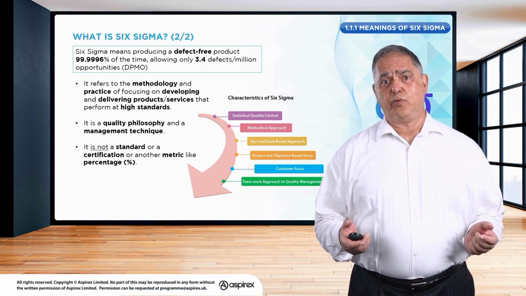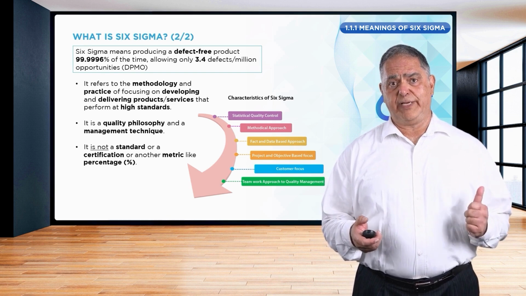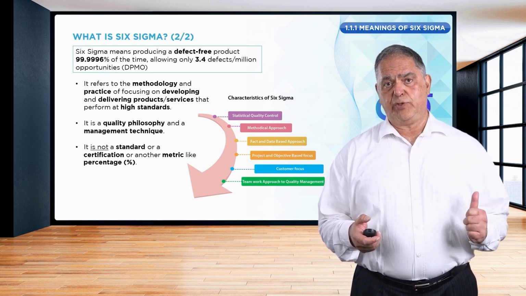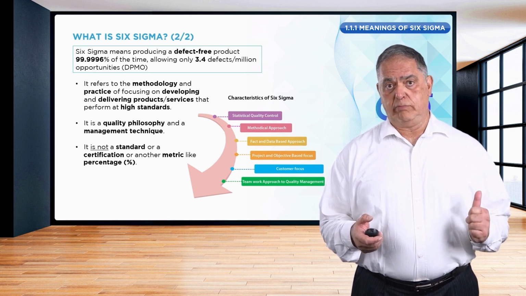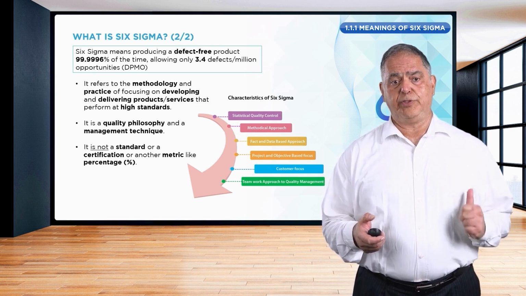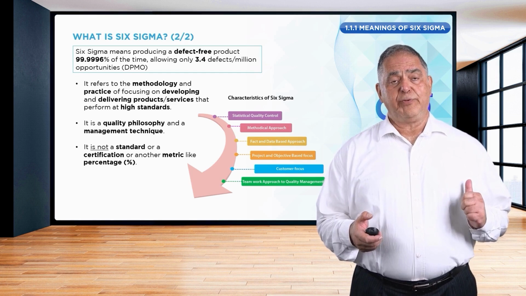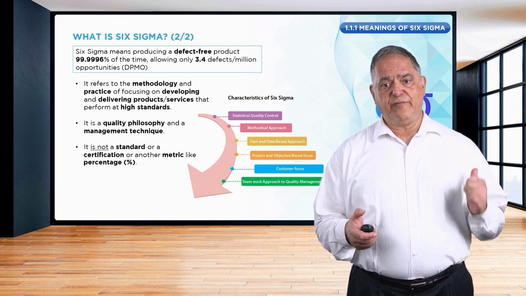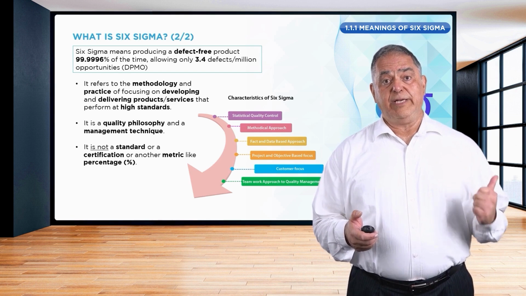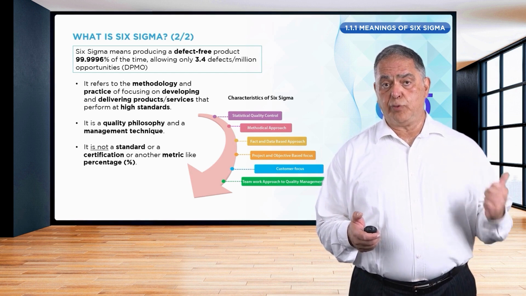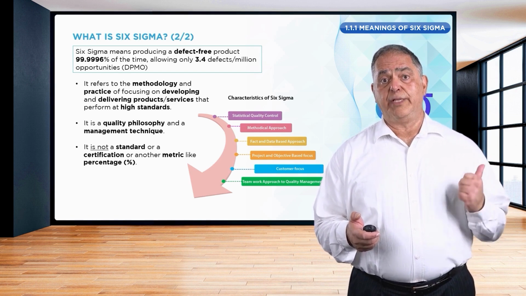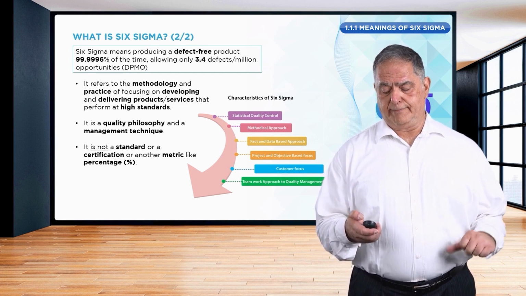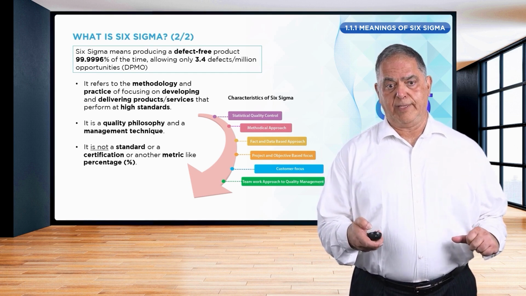This allows for 3.4 defects per million opportunities to make a defect, which is known as DPMO, defects per million opportunities. It refers to the methodology and the practice of focusing on developing and delivering products or services that are fit for purpose and meet customer requirements.